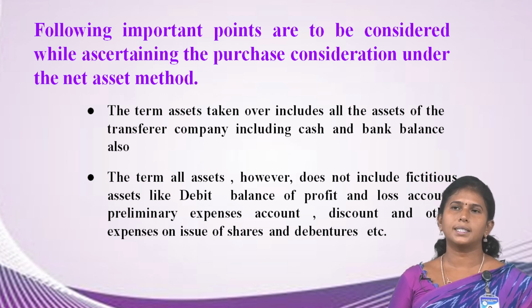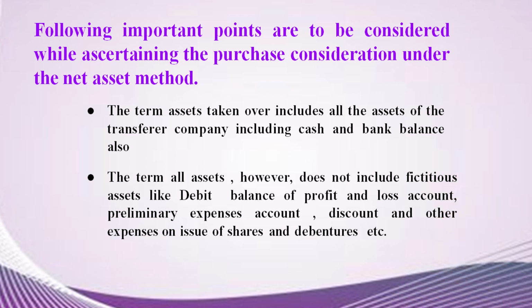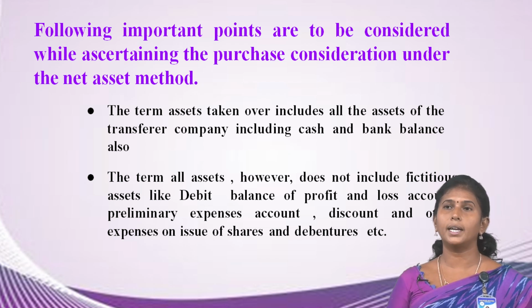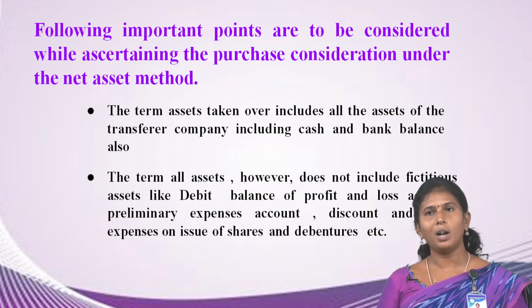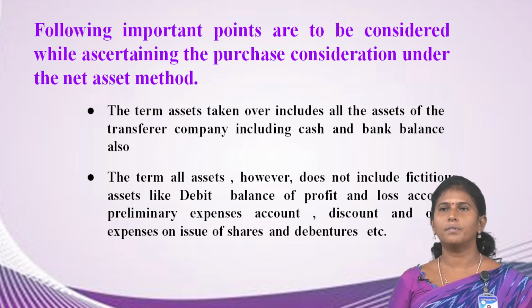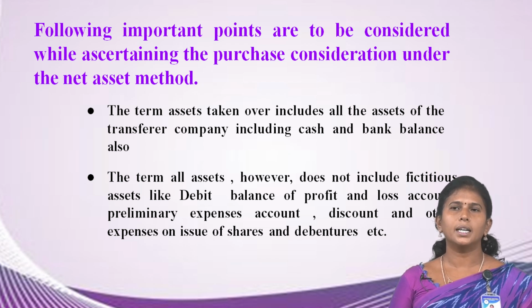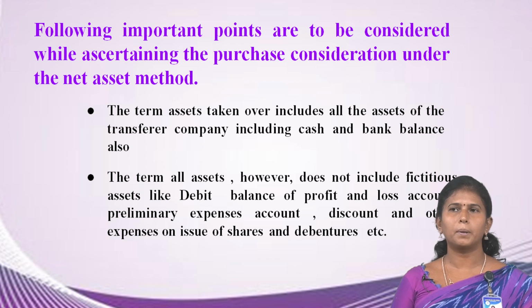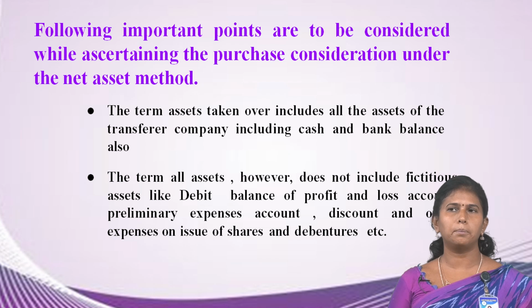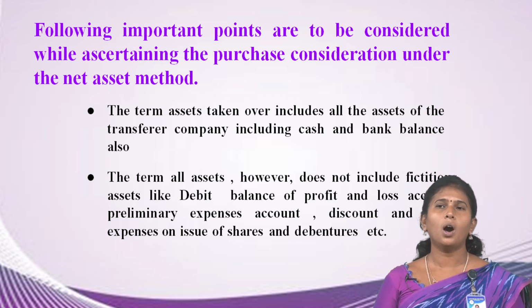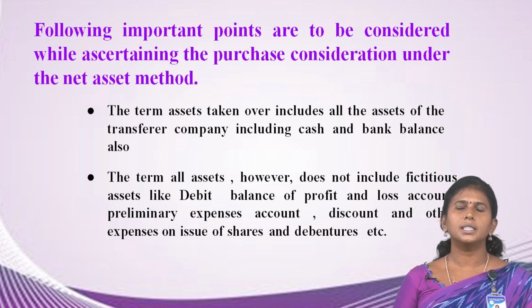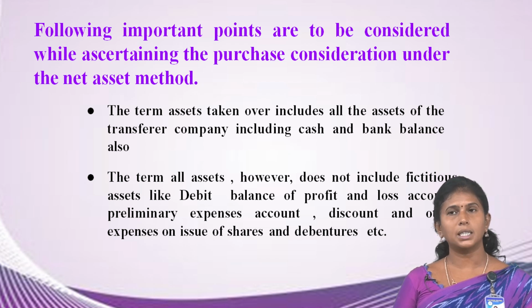Let's see the second point. The term all assets, however, does not include certain items. The term all assets does not include fictitious assets. You already know the various fictitious assets, like debit balance of profit and loss account, preliminary expenses, discount and other expenses on issue of shares and debentures, etc. All these fictitious assets should never be taken over by the purchasing company.